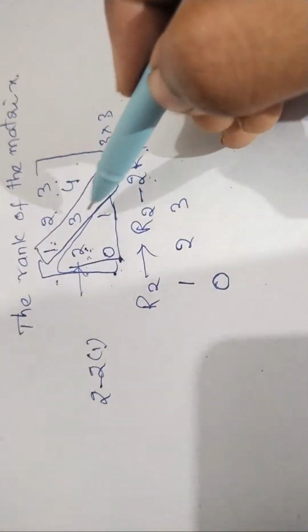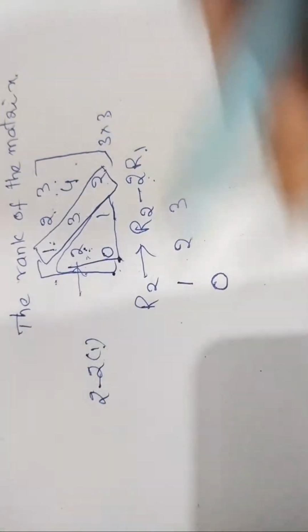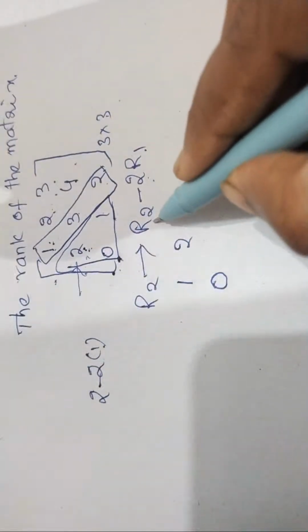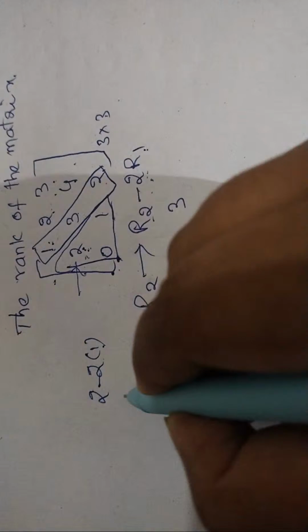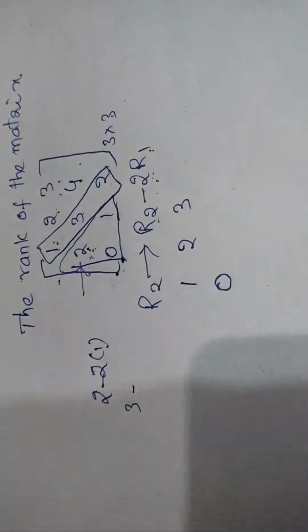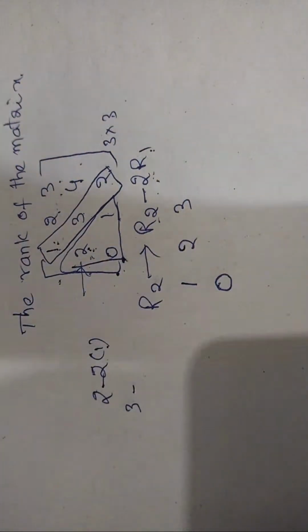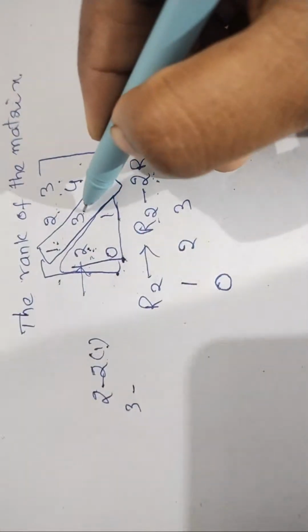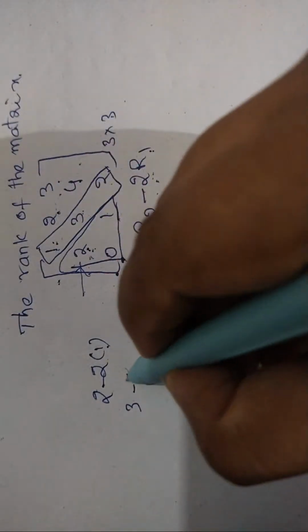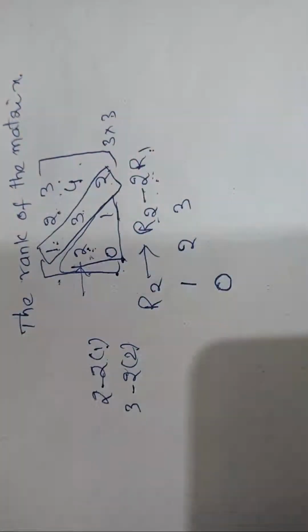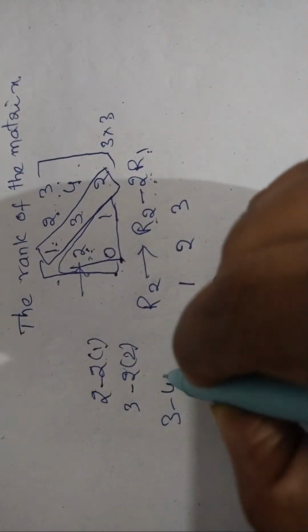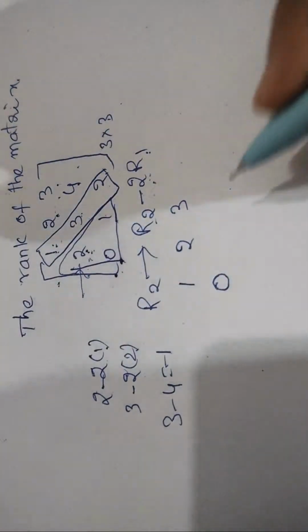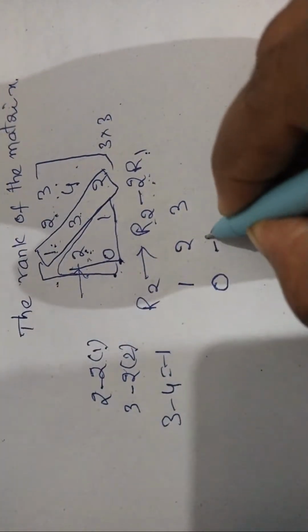Next, this is 3. R2 is 3 minus 2 into R1, 2 into 2 is 4. 3 minus 4 is minus 1. So I will write minus 1 here.